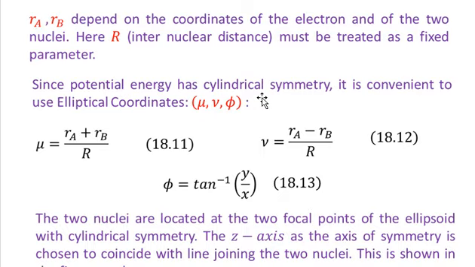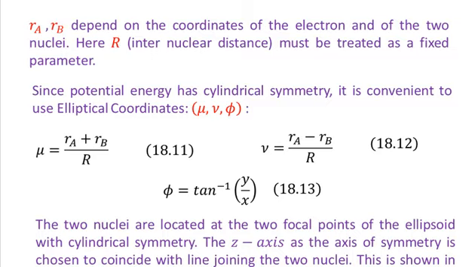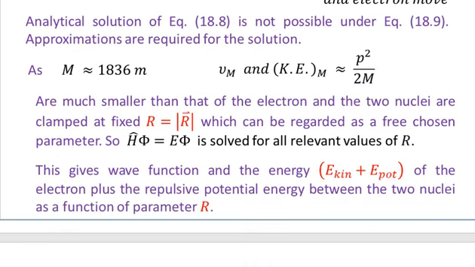Since potential energy has a cylindrical symmetry, it is convenient to use cylindrical coordinates mu and nu. And in addition to mu and nu, I have also added the parameter phi. And now we have the cylindrical symmetry.